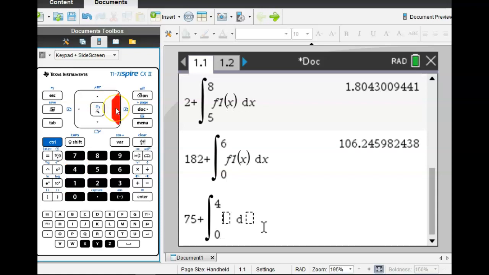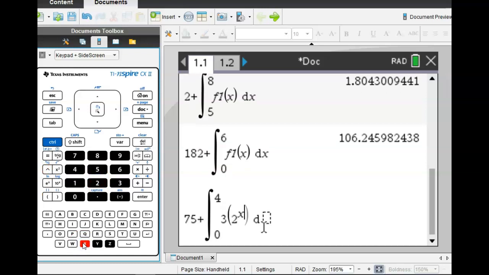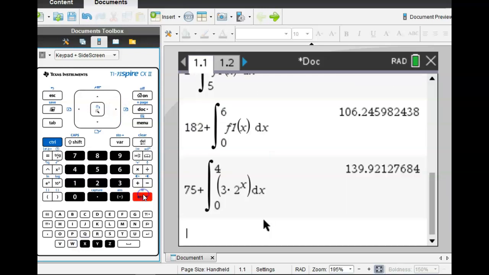And then we're going to type, just like it looks on there, 3, open parentheses, 2 to the x power, dx. How do you go up in gallons?